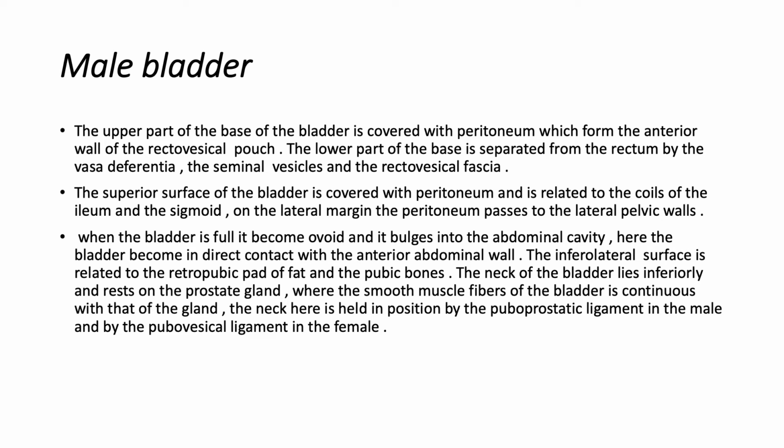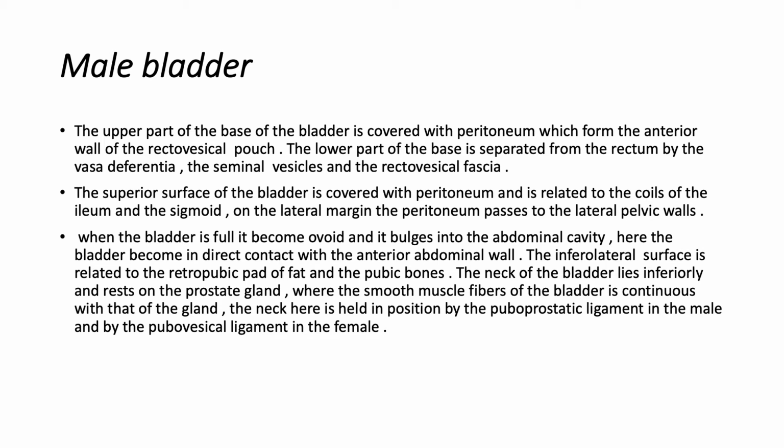We will talk here a little about the differences between the male and female bladders, but first of all, you must have in your mind that the blood supply, venous drainage, lymphatic drainage, and the nerve supply are the same in the male and female.